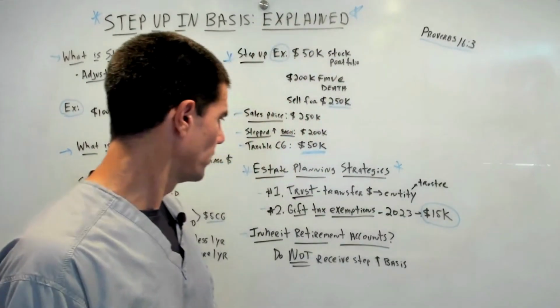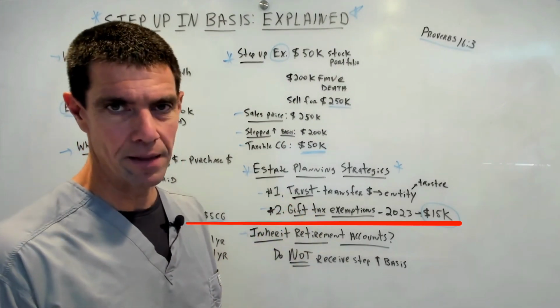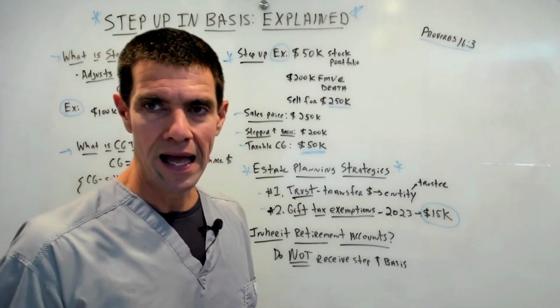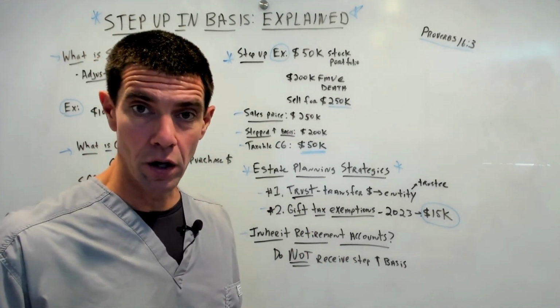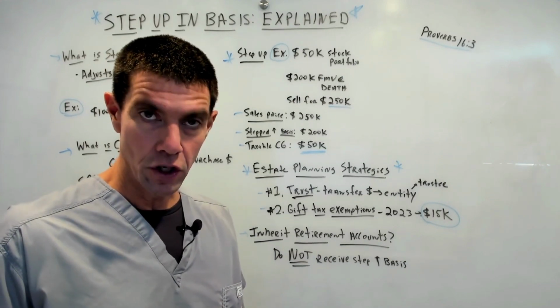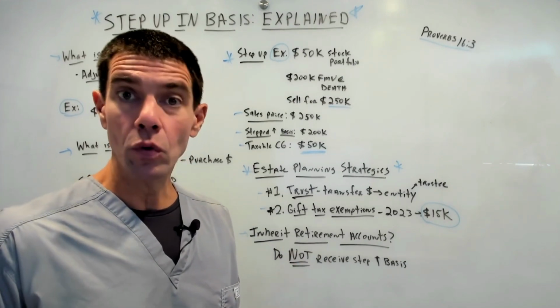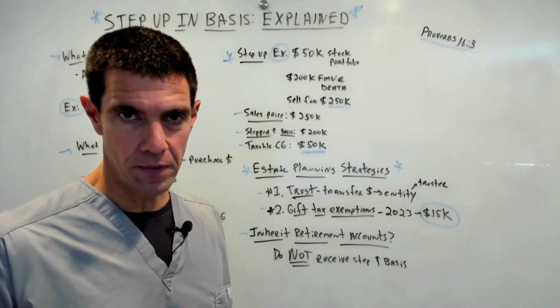Let's talk about another estate planning strategy, and that is the gift tax exemption. Now, the IRS allows individuals to gift a certain amount of assets each year without incurring any gift tax liability. As of this year, 2023, the annual exclusion for gift tax is $15,000 per recipient.